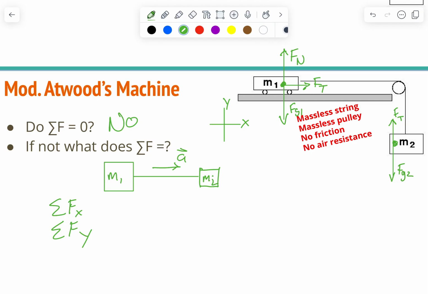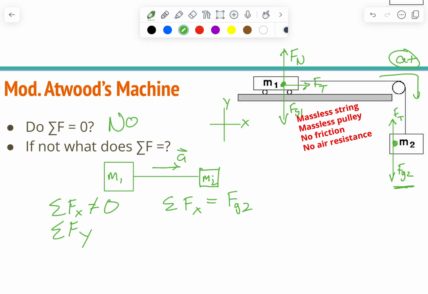So if I looked at the sum of all forces in the x direction, the sum of all forces in the x direction are not equal to 0. The sum of all forces in the x direction are going to be equal to, let's see, I've got Fg2. Remember we said this direction is positive a. Give myself an A+. Fg2 here, so I'm going to go Fg2.